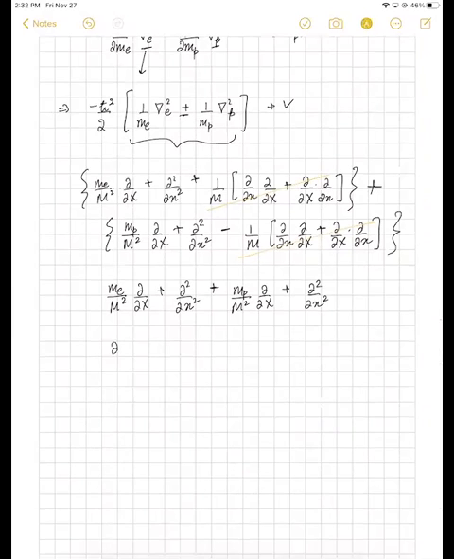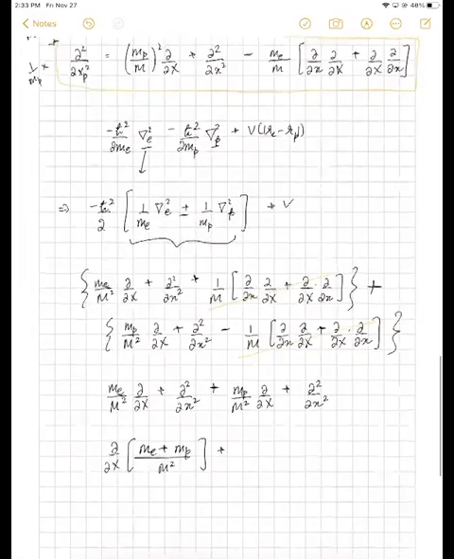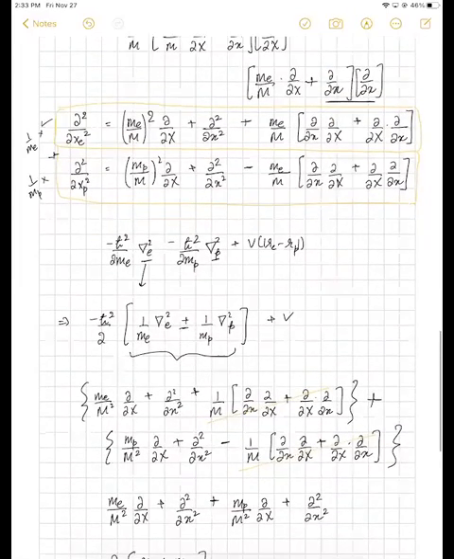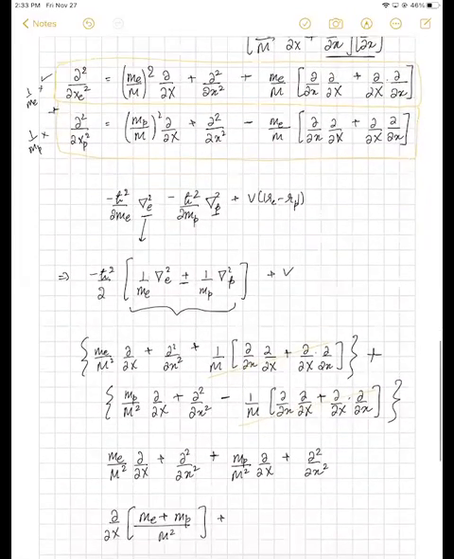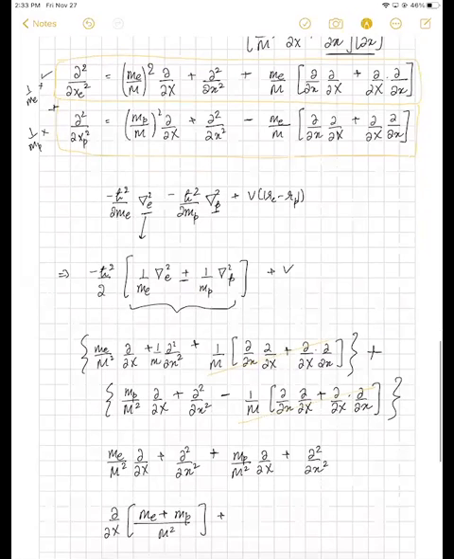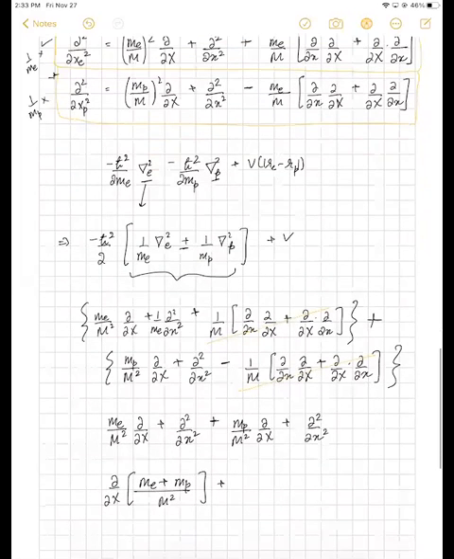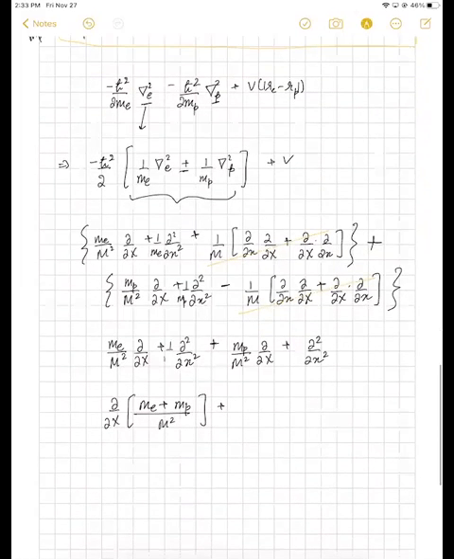Okay. So we take del by del as common. Sorry, yeah. When I divided by 1 by me here, this should have been 1 by m. Right. And this should be 1 by mp. Okay, that's what I was wondering.